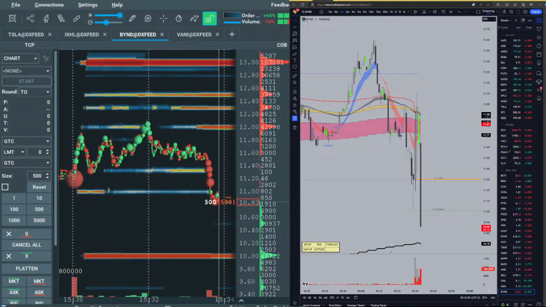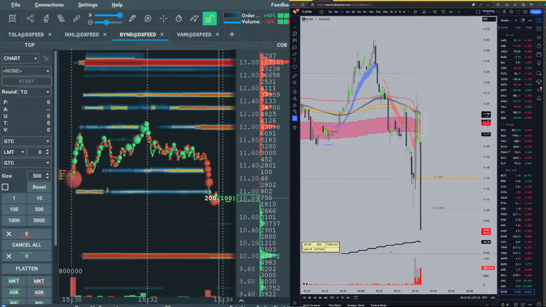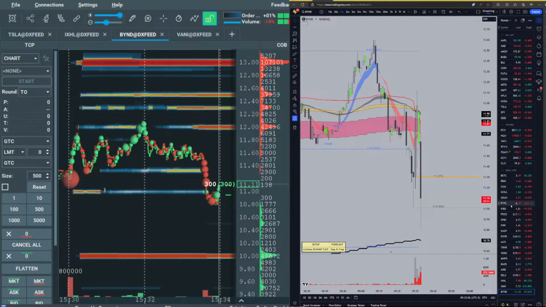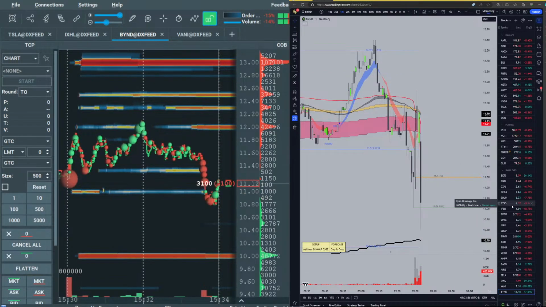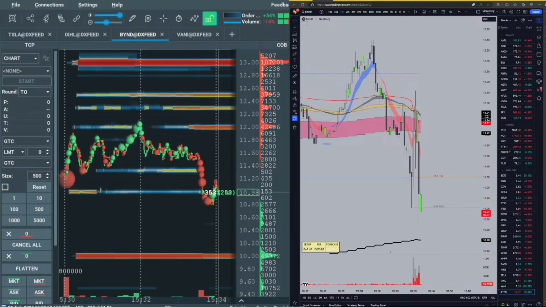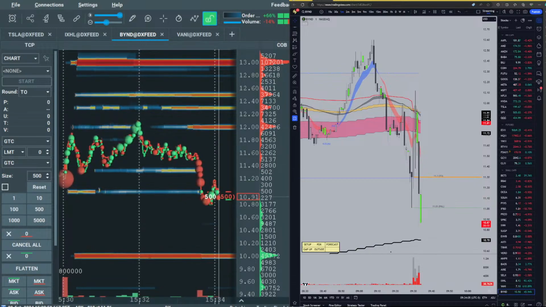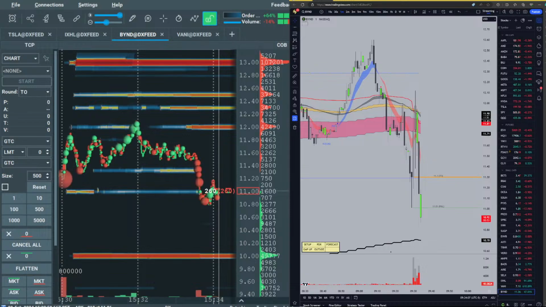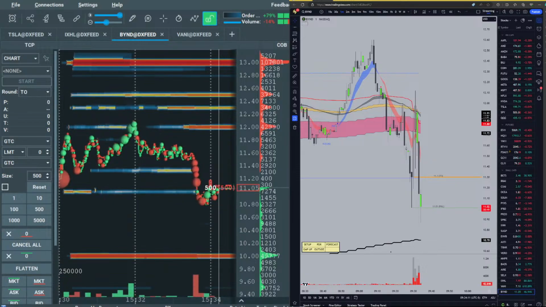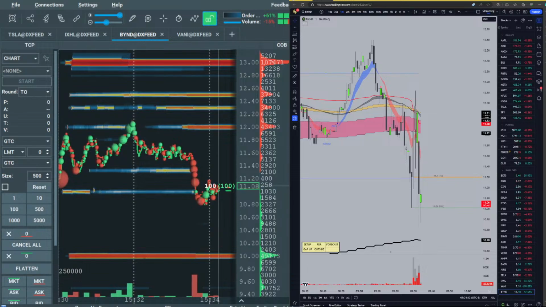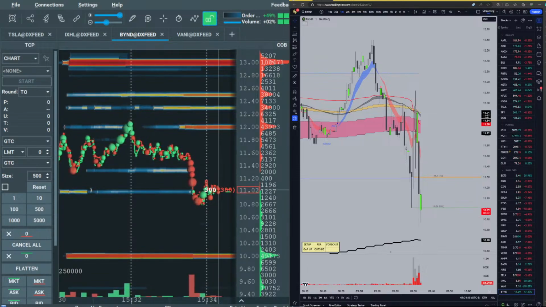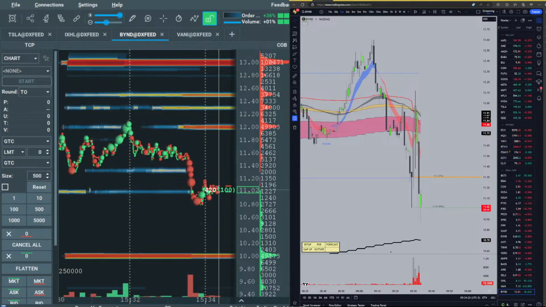So let's look at APLT. Avoid for now, BYND. APLT is still no trade. Let's also start looking at COIN.